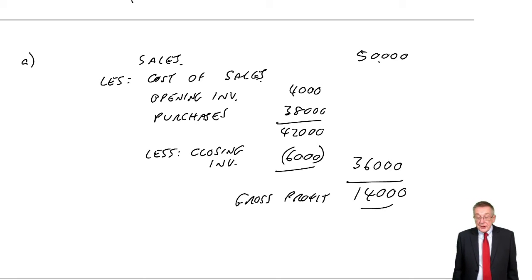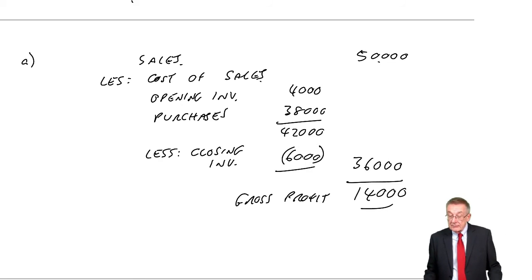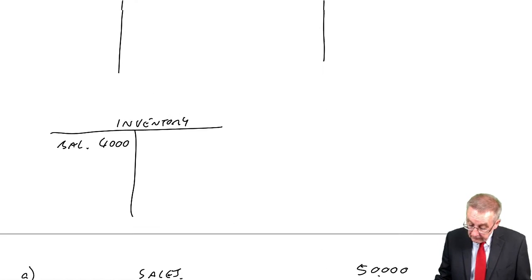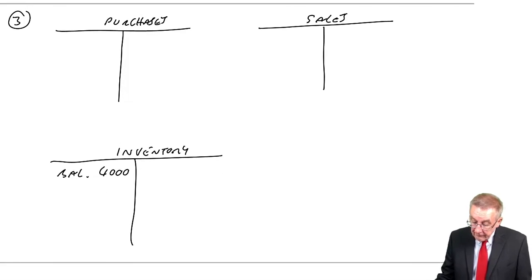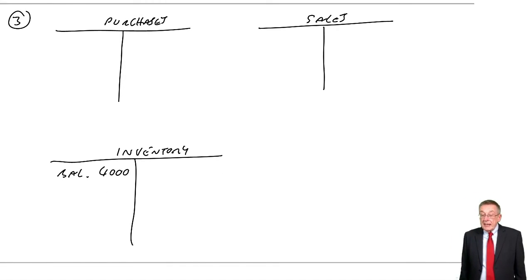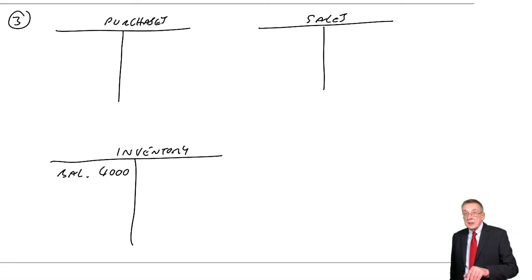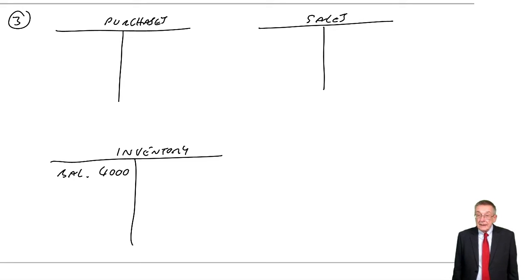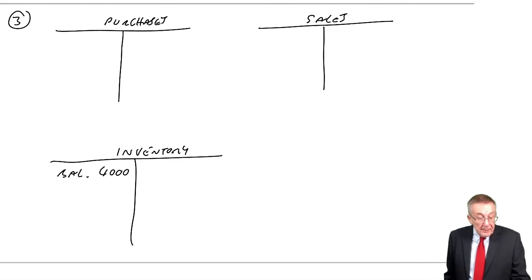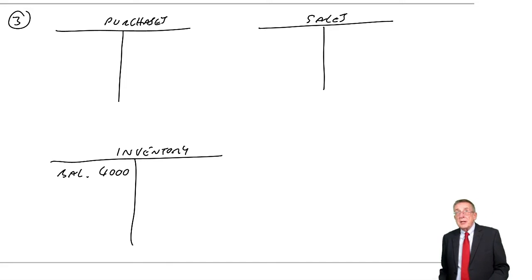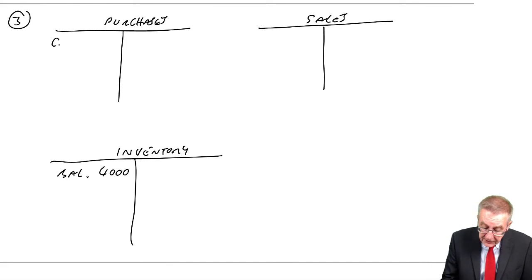All right, for the last time though, let's now play at bookkeeper and accountant and see how we'd arrive at that. Remember, at the beginning of this third year, 0 balance on purchases, 0 balance on sales, a debit balance of 4,000 on inventory. Off we go. We buy goods for 38,000. Bookkeeper credit cash, debit purchases, 38,000.